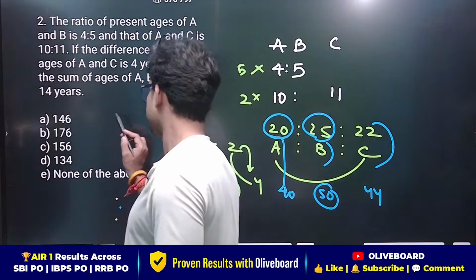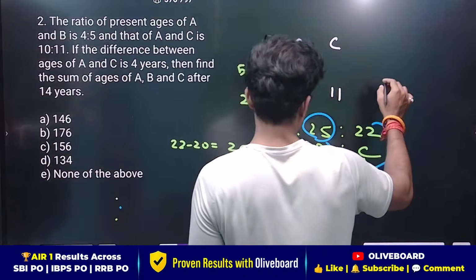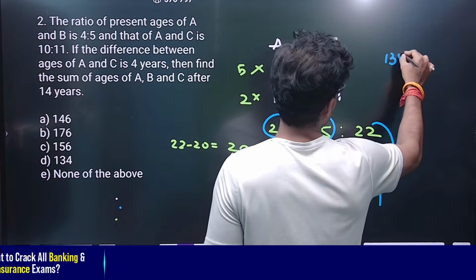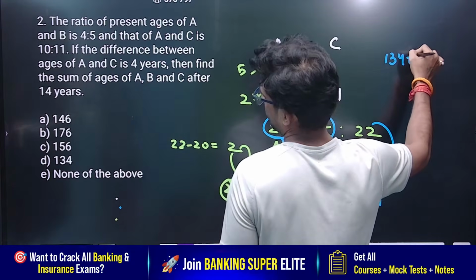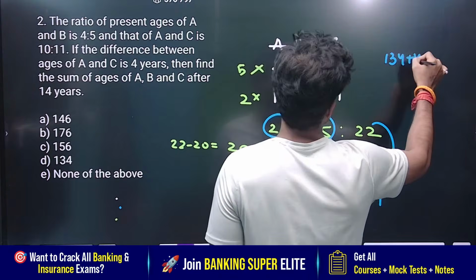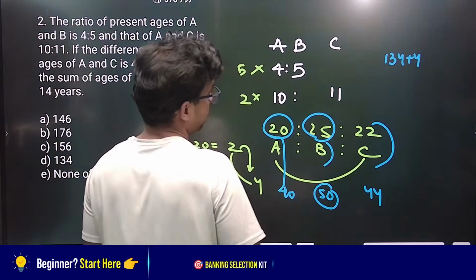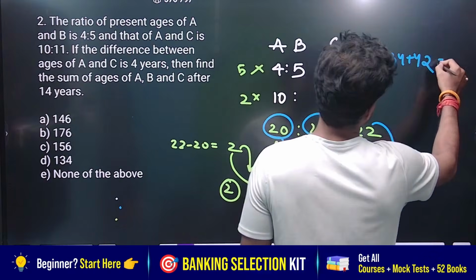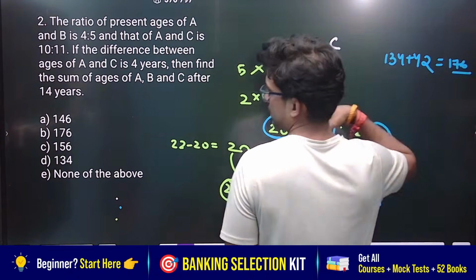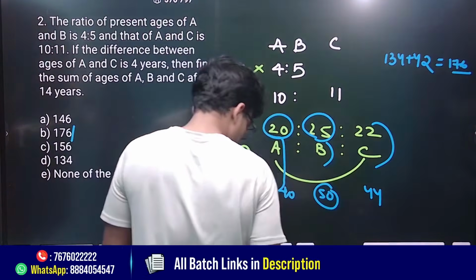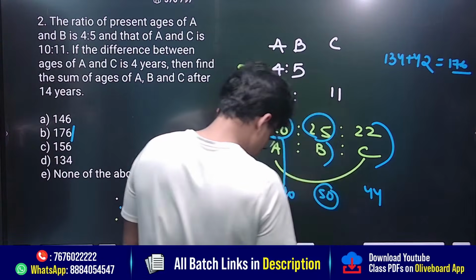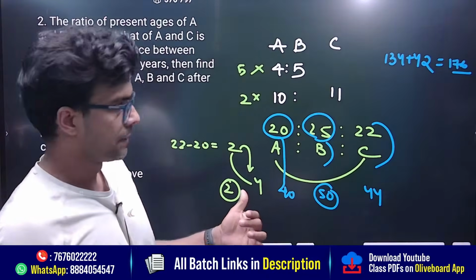So my correct answer is 176. Is it making sense for everyone? Correct?